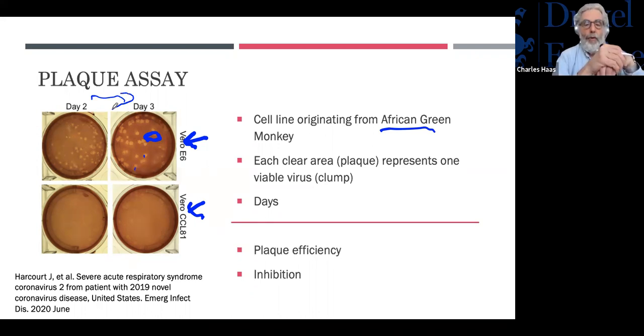And there are 2 different cell lines here, Vero E6 and Vero CCL81. As is common, there's a difference in performance of different cell lines. Vero E6 shows more visible and more dramatic plaques under these conditions.